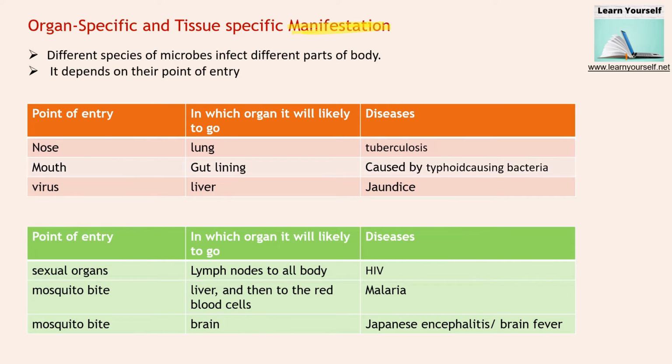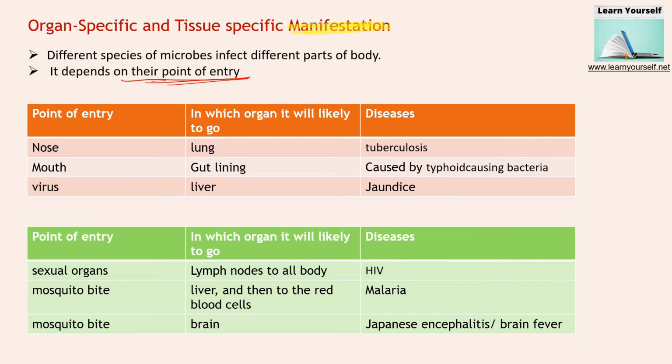So organ specific or tissue specific manifestation means which organ or which tissue will get affected by the possible microbial infection. Different species of microbes infect different parts of the body, depending upon their point of entry. Point of entry means how they are entering into our body.